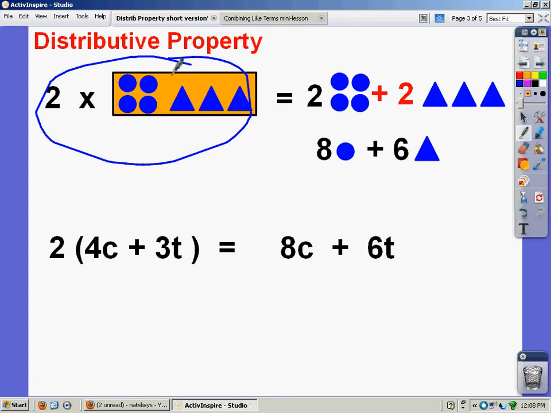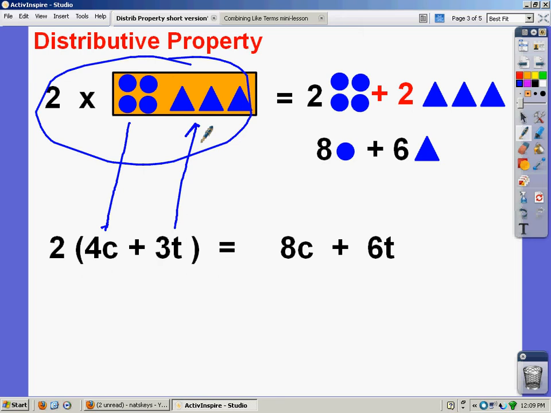I could represent the contents of a box by simply saying I have parentheses, and what's inside the parentheses is 4c, which represents 4 circles, and 3t representing 3 triangles, where my letter t is the variable. T stands for triangle and C stands for circle.